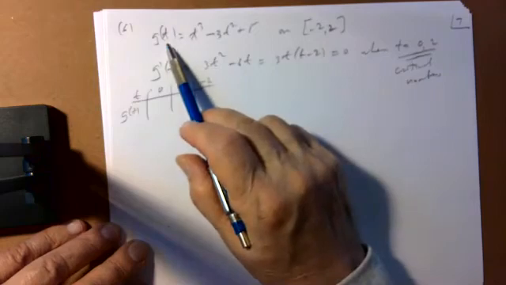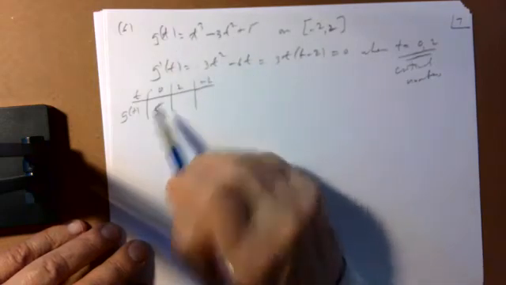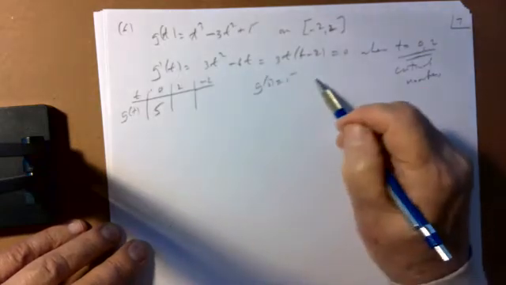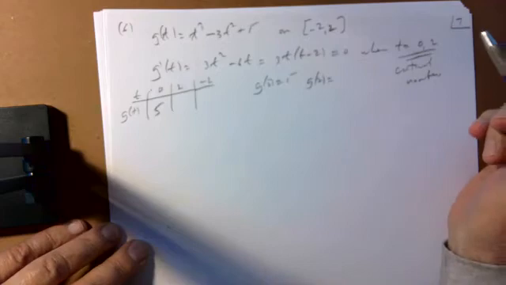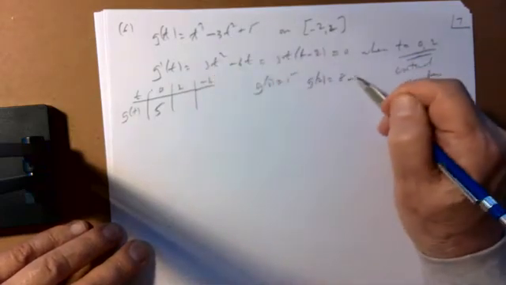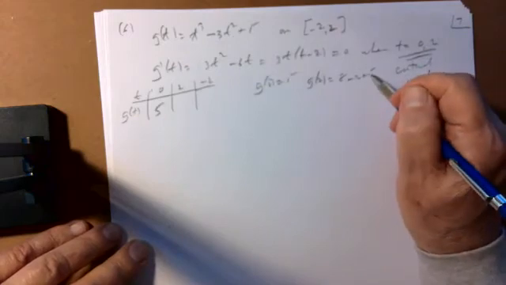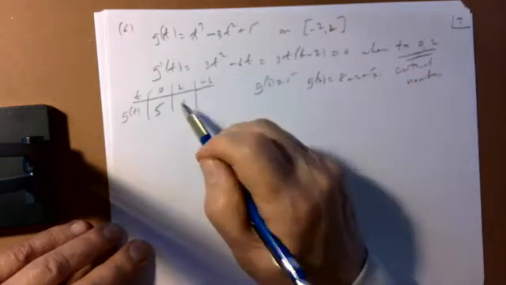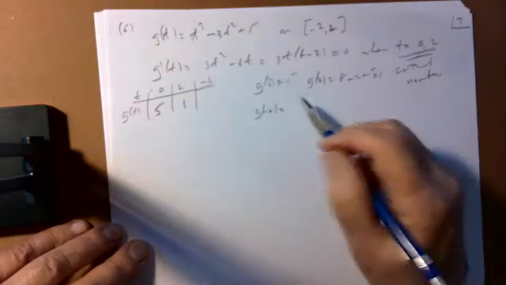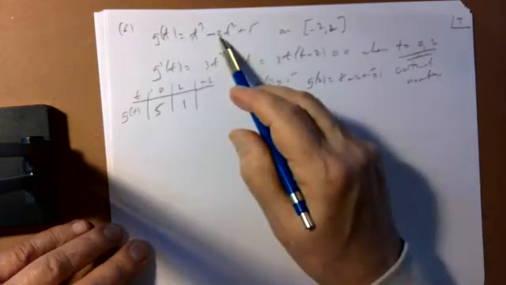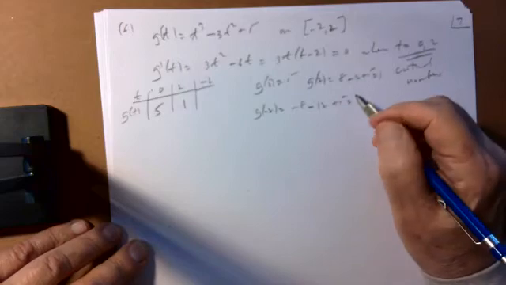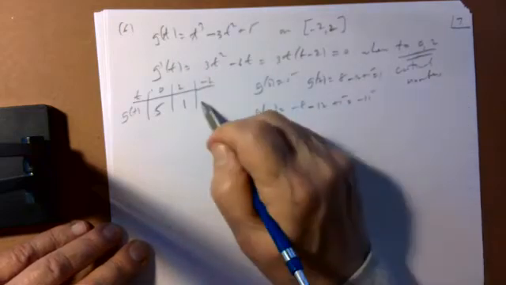So what is g of 0? g of 0 is 5. g of 2 is 8 minus 12 plus 5. That's 13 minus 12, that's 1. And g of -2 is -8 minus 3 times 4 minus 12 plus 5. That's -20 plus 5, that's -15.